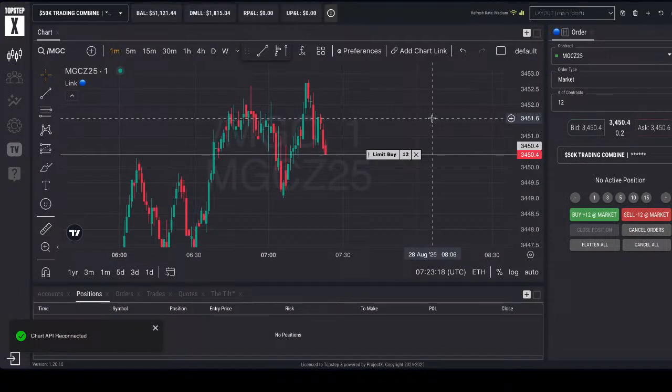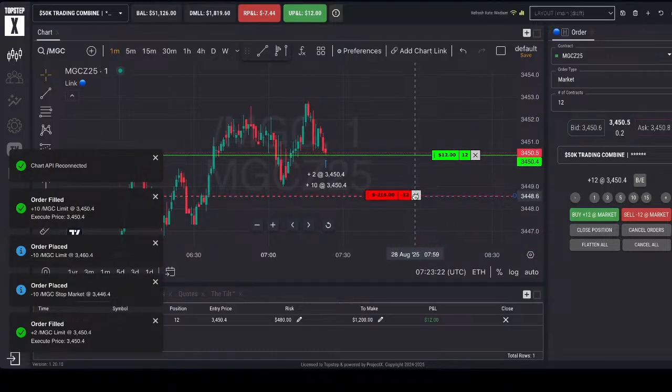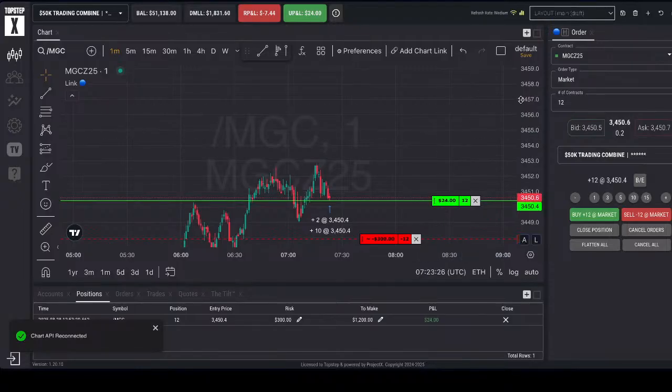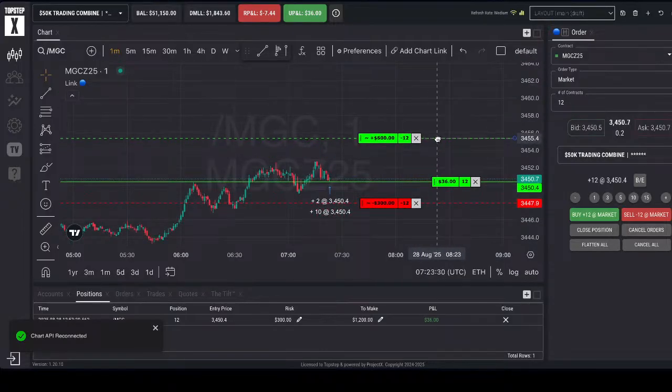I think our limit buy order got filled. Yeah, and it's $300 risk, $600 target.